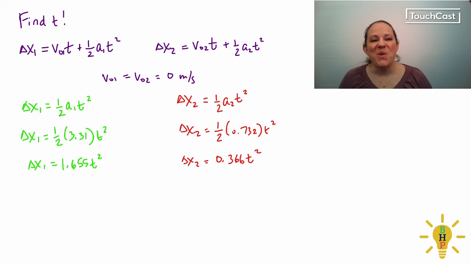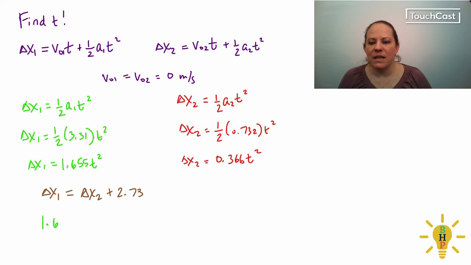And now we're going to remember that delta x1 was equal to delta x2 plus 2.73 meters. And now we can substitute in what we just found.